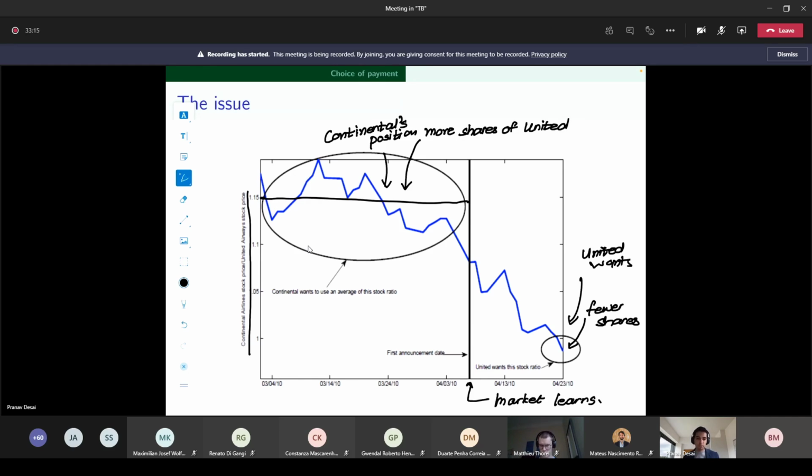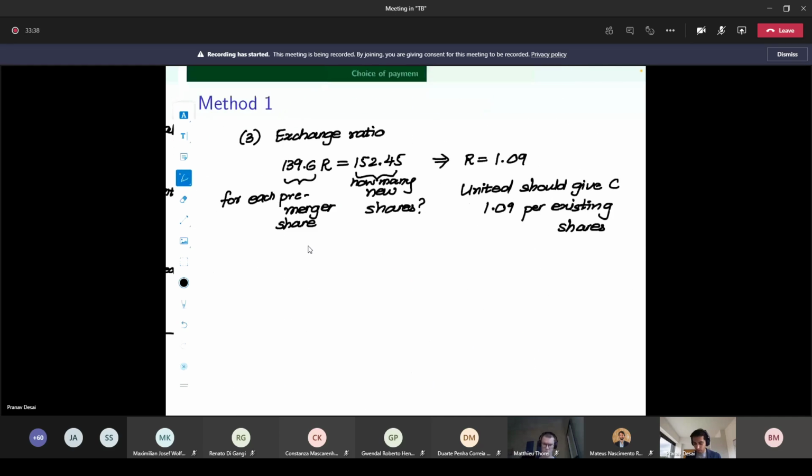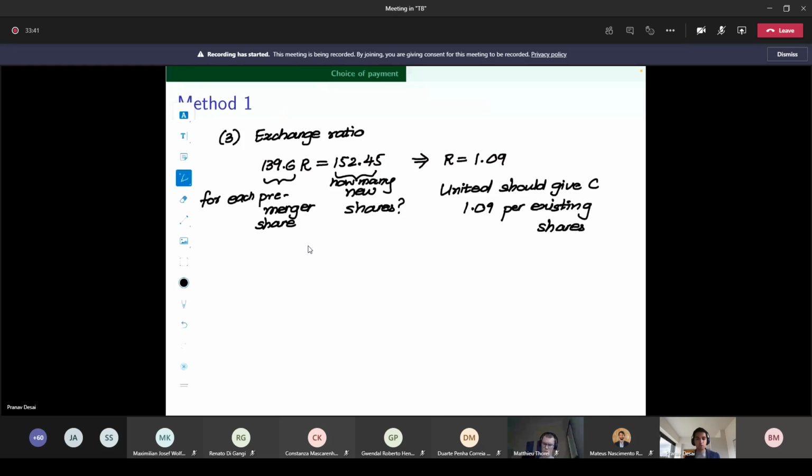And if half of the synergies are paid out, then we end up somewhere over here. So both of them kind of want the extreme end, which is exactly the idea. Each of them essentially wants the maximum amount of synergies that they can capture. So are there any questions so far?